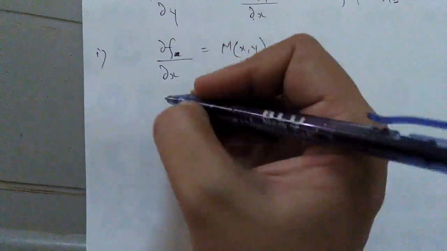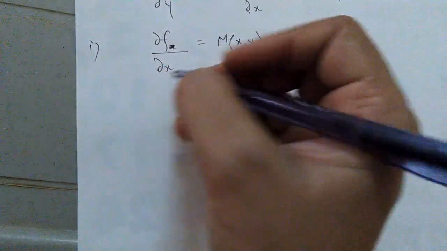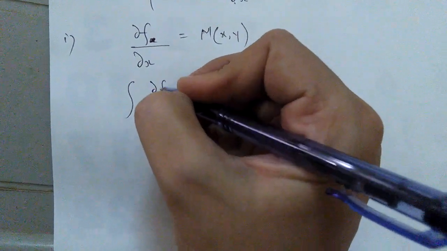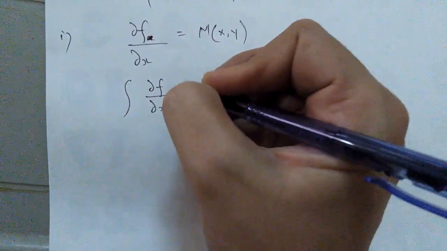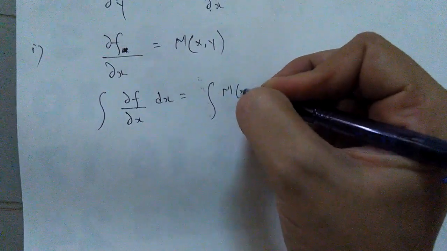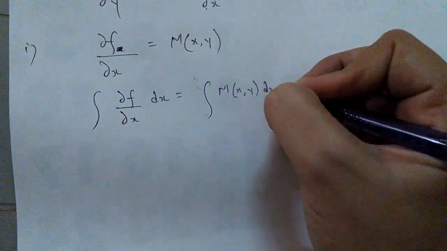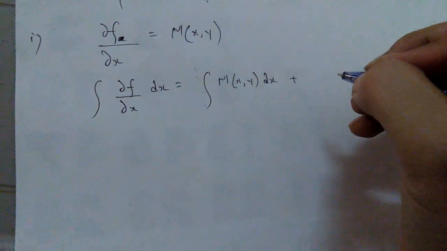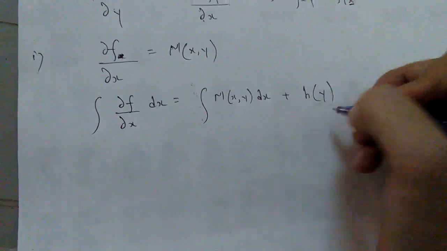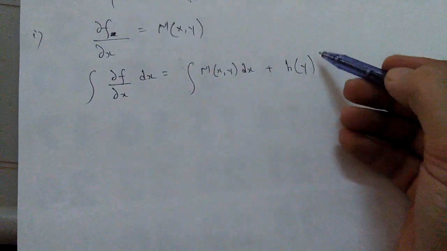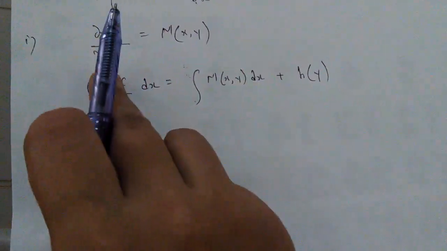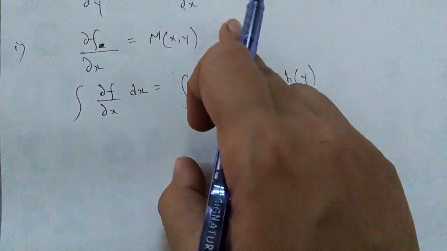So once I integrate it with respect to x, I'm going to have some answer here plus some constant, and that constant is expressed like this, because you know that if you have some term expressed in y and you take its derivative with respect to x, you're definitely going to get 0.